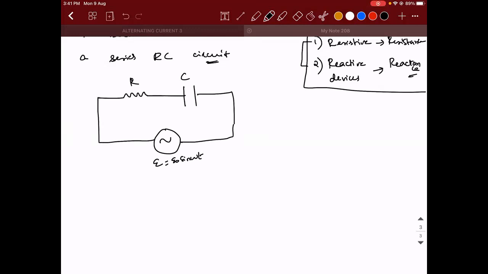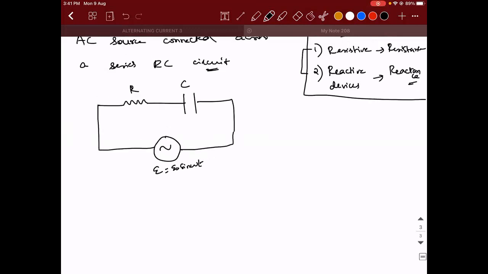Now see, I use the word series RC. There is a possibility that R and C can be connected in parallel also. So what comes to your mind when I use the word series, guys? Current is equal. Very good, the current will be the same.